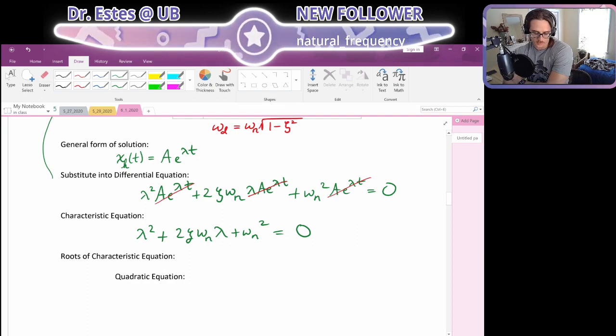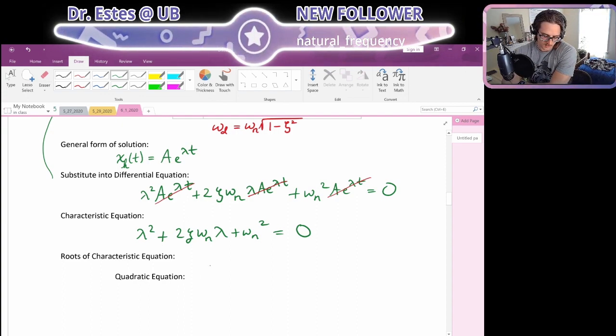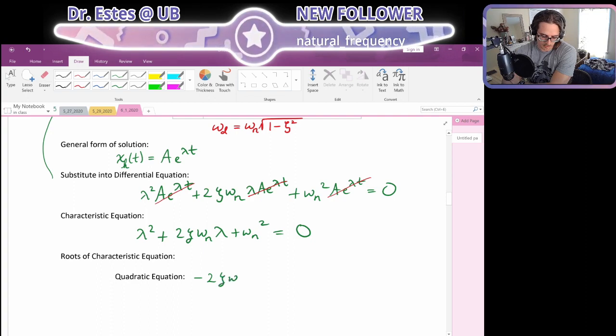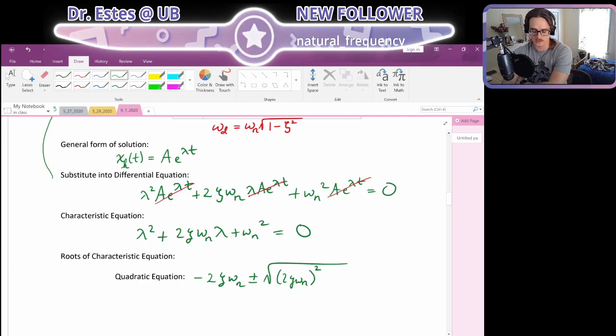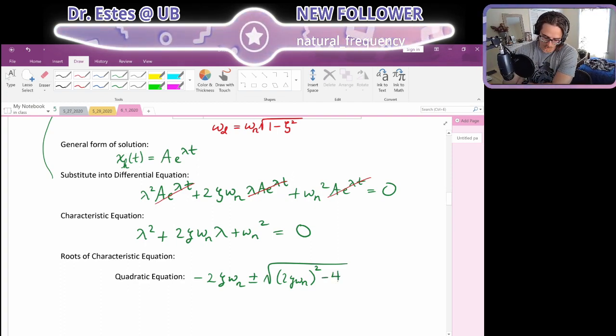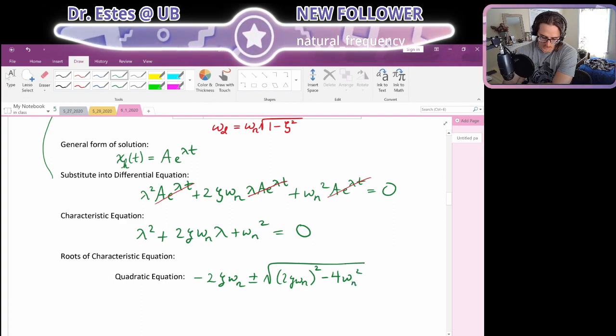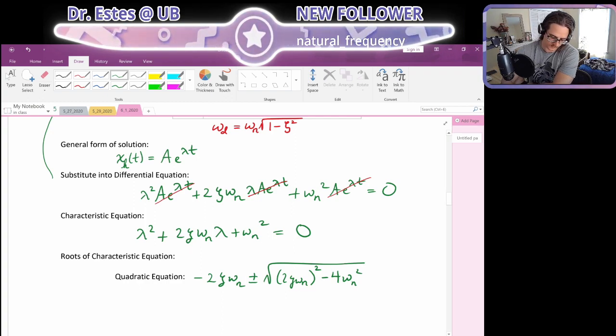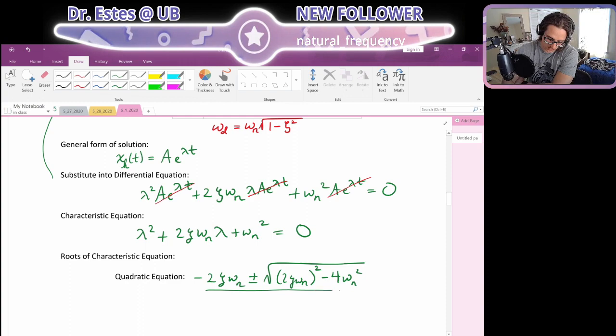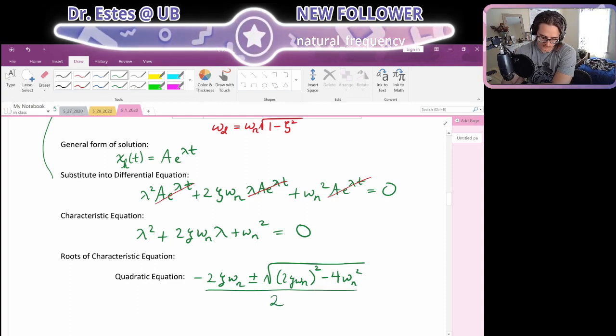That's our characteristic equation. And if you want to solve for the roots of this, we're going to solve for this symbolically. We're going to use the quadratic equation. So that's minus b plus or minus the square root of b squared minus 4ac. It's probably been a while since you used this, right? A is 1. C is omega n squared. All over 2a. Well, a is 1.